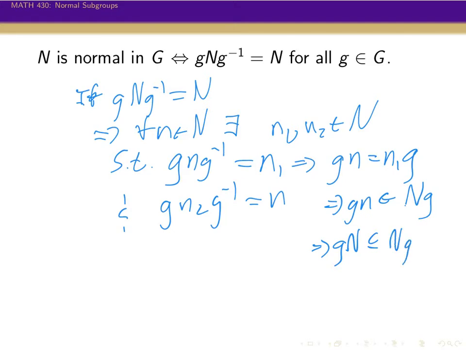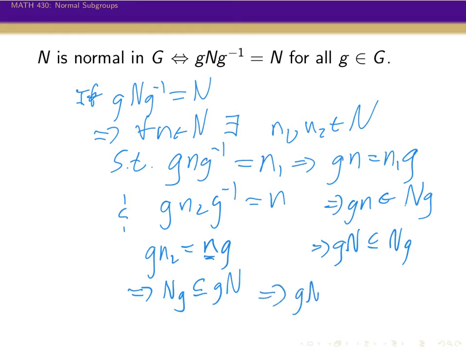On the other hand, the other one, we have that g n2 is equal to ng, and since we're focused on n, this tells us that Ng is a subset of gN. And so same as before, we have double inclusion, and so we have gN is equal to Ng.